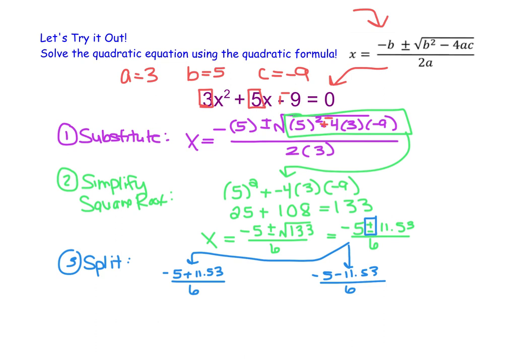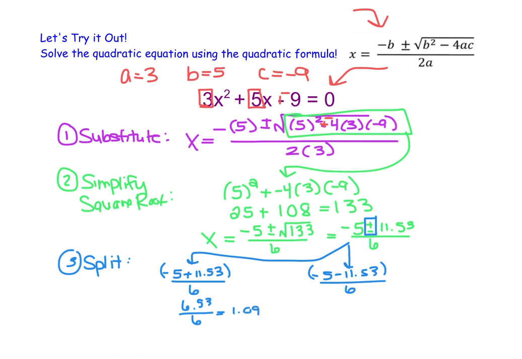So I then need to take into account that I have little miniature parentheses up here. And then I start with the first problem and I add the two numbers in the numerator together. So I have negative 5 plus 11.53, which is 6.53, then divided by 6, which equals about 1.09.